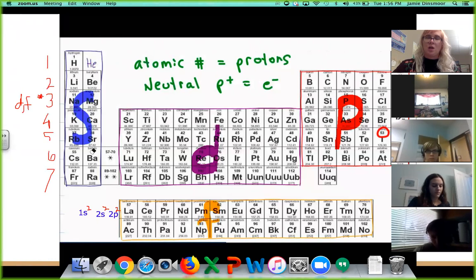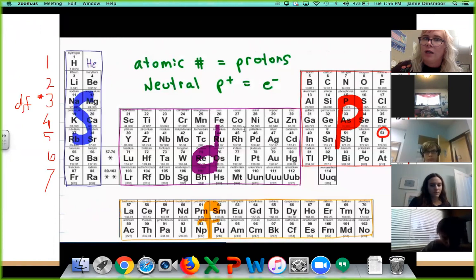So let's see, Logan, you just went ahead and went for like a super hard one. So let's check it. Well, the first thing I'll say is I don't see a 1s2 in your configuration, right? But you wanted to do element number 71, which is right here. So let's see.